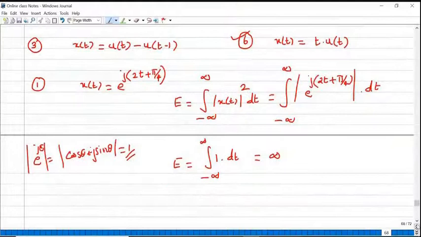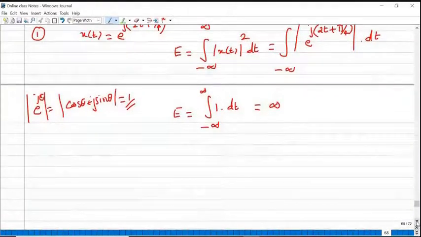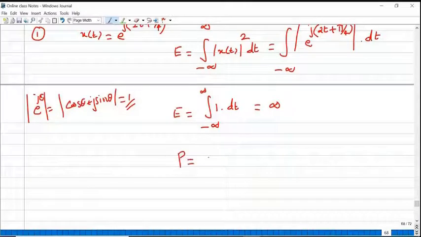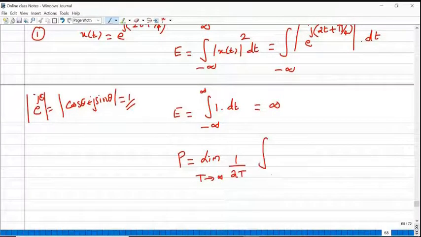Now calculate the power of the signal. What is the formula to find the power? Power is the limit as T tends to infinity of 1 divided by 2T times the integral from minus T to T of modulus x of t squared dt.